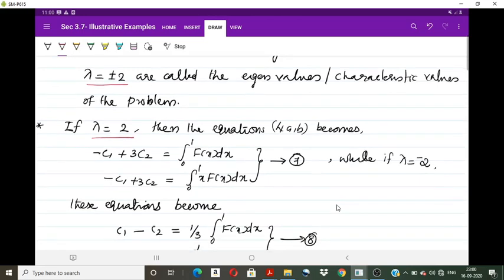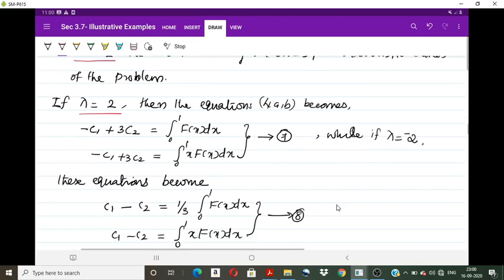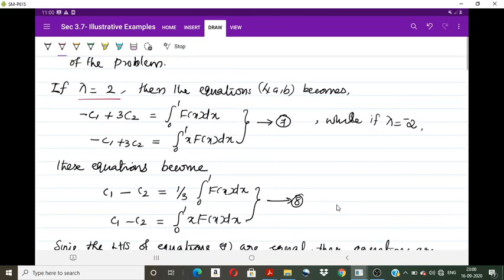So the system reduces to this form. While if lambda equals minus 2, the equation becomes c1 minus c2 equal to 1 by 3 into integral 0 to 1 f of x dx. You can verify this. And c1 minus c2 is equal to integral 0 to 1 x into f of x dx.